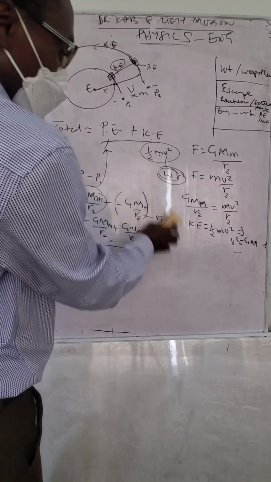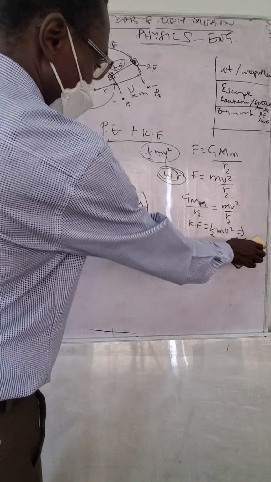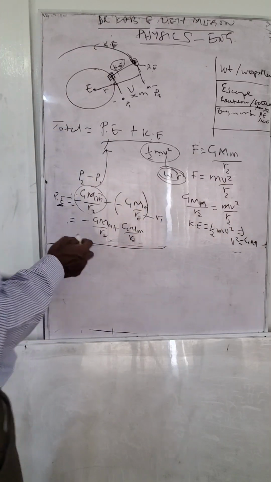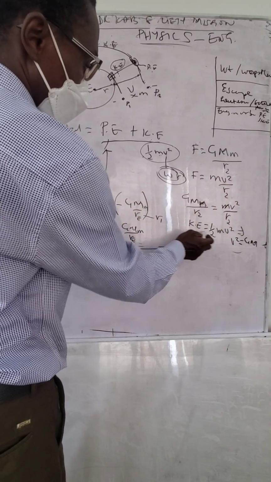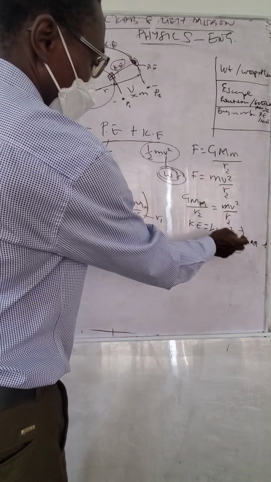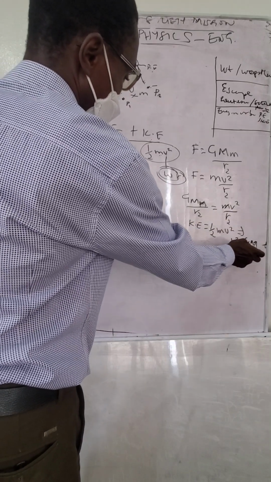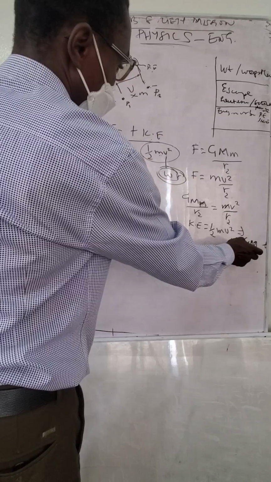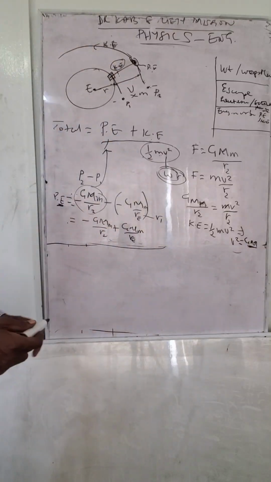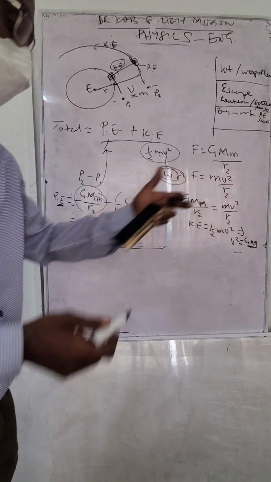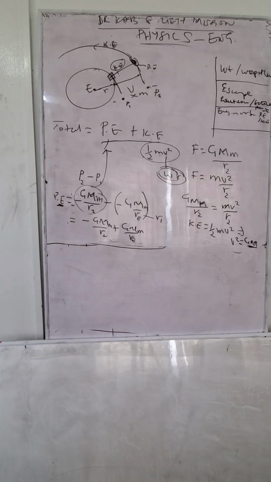Let's work it out here. V squared is equal to that. Now from here, v squared is equal to gm, like we have calculated it. So if you do substitution, if you put it in this equation, you can work it out too.